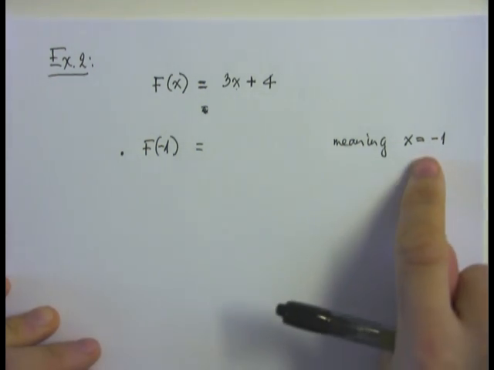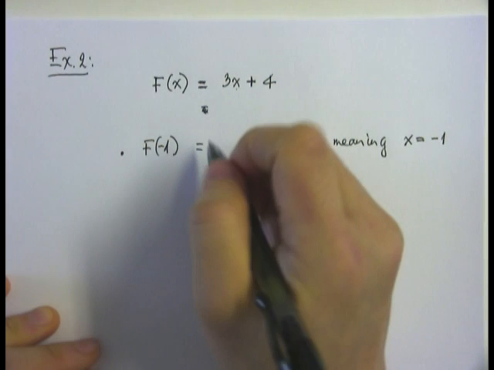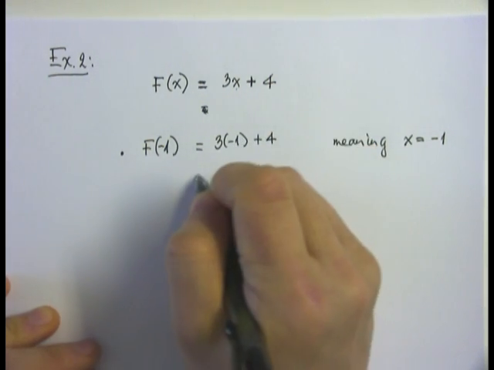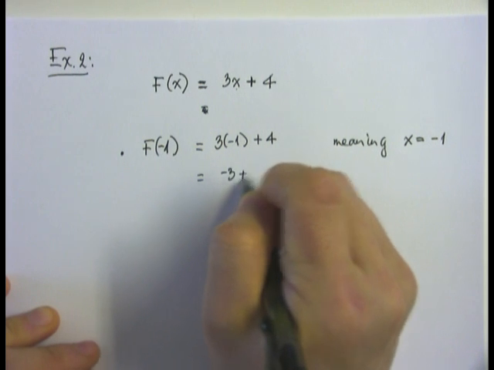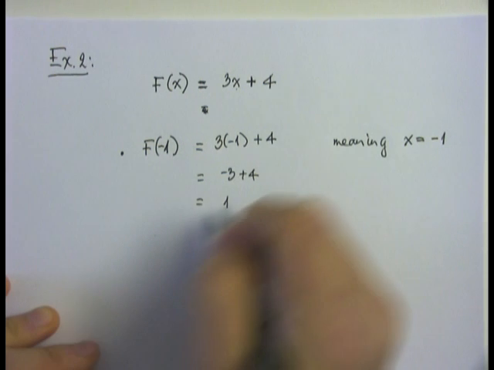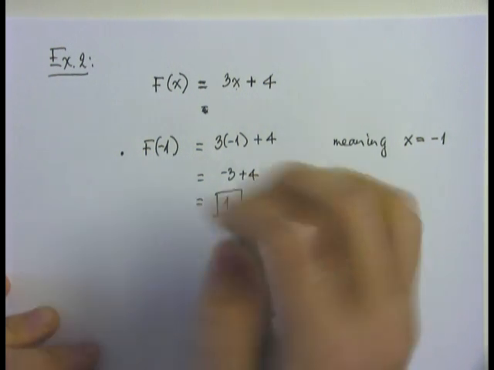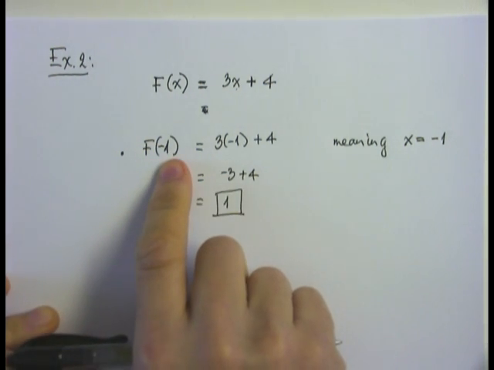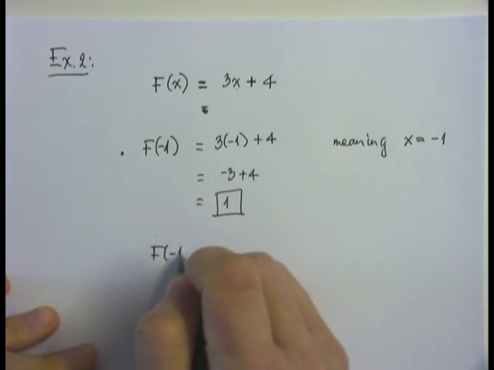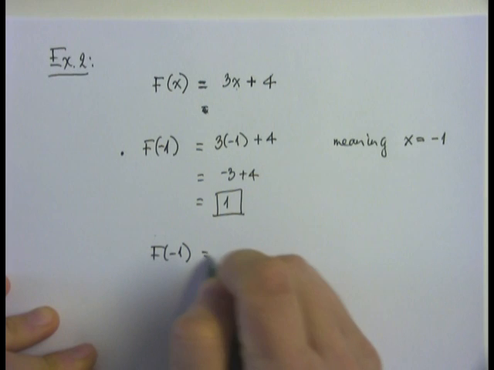And so now when x equals -1, you do 3 times -1 plus 4, and that's -3 plus 4, which equals 1. So 1 is the function's value at x equals -1, or in other words, you can write it in notation: F of -1 equals 1.